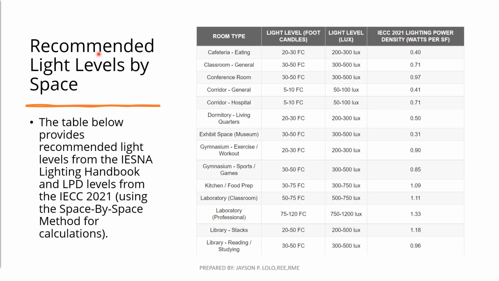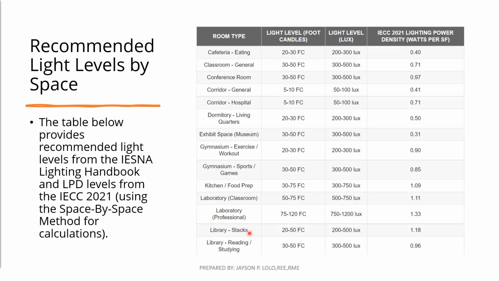I've already discussed the recommended light levels by space, using the table under the IES and lighting handbooks, which is updated for IECC 2021, or using the space-by-space method for calculations under electrical engineering. For a cafeteria, it is 200 to 300 lux.